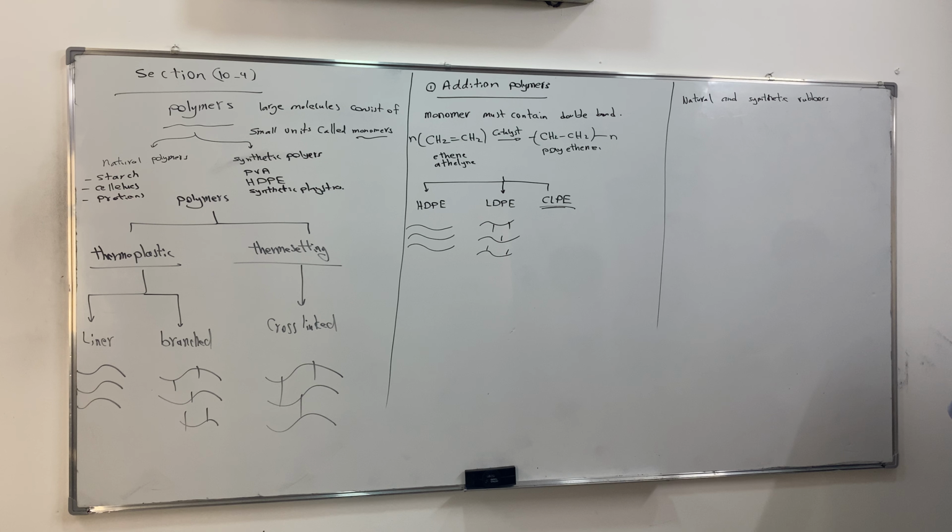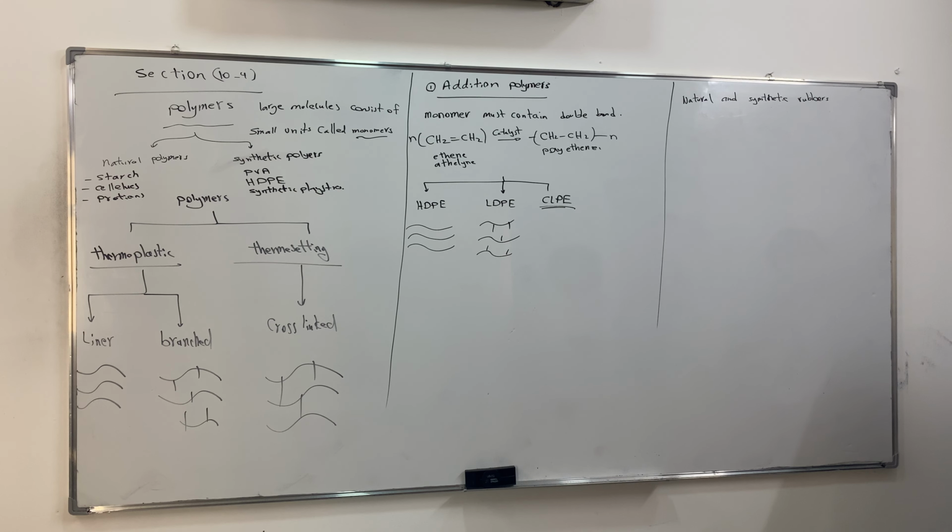You can see in your textbook various forms of polyethylene shown in the figure. You have a figure in your textbook with different molecular structures. High density polyethylene is a linear polymer.